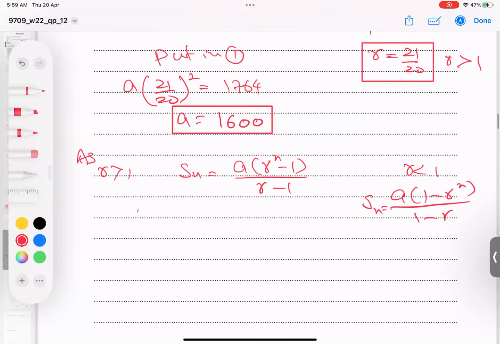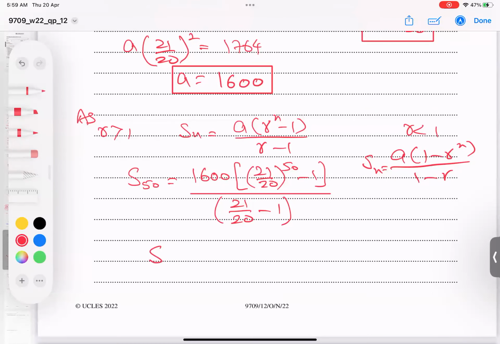But now just plug in, 50 comes here, a is 1600, r is 21 over 20, power is 50 minus 1, over r minus 1. So just type in calculator S50 and finally we are getting the answer 17474 and point onwards.